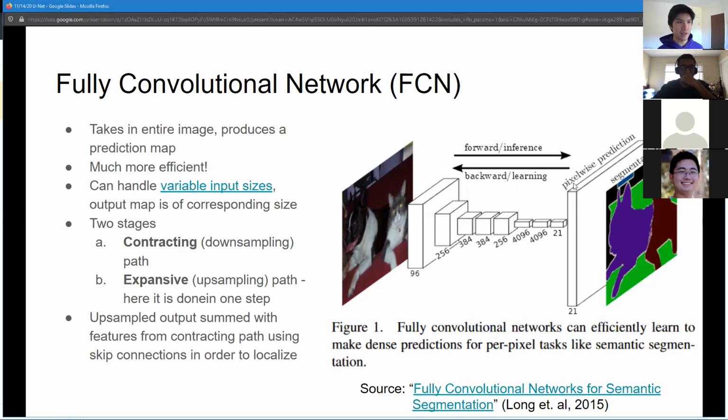So for each pixel, the predictions are in this layer, right? 21 is the number of classes that it's able to predict. And basically at each XY coordinate here, that corresponds to a pixel. So it's giving you a probability distribution over all the classes for each pixel.